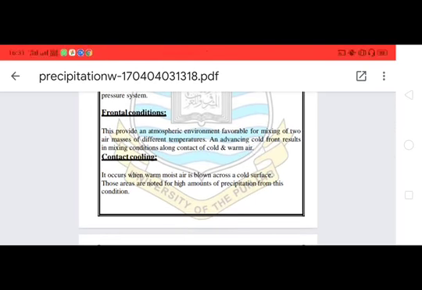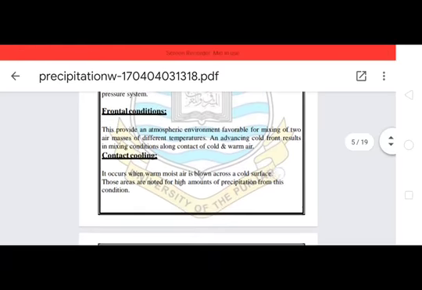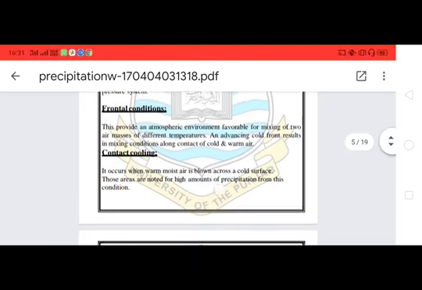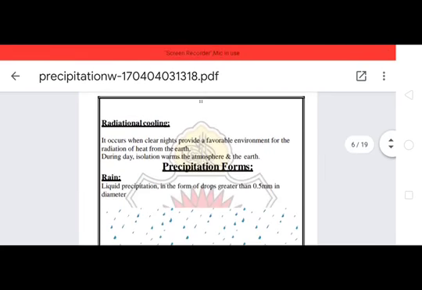Contact cooling: what is the reason behind it? It occurs when warm moist air is blown across a cold surface. Those areas are noted for a high amount of precipitation from this condition. Then the next point is radiational cooling.